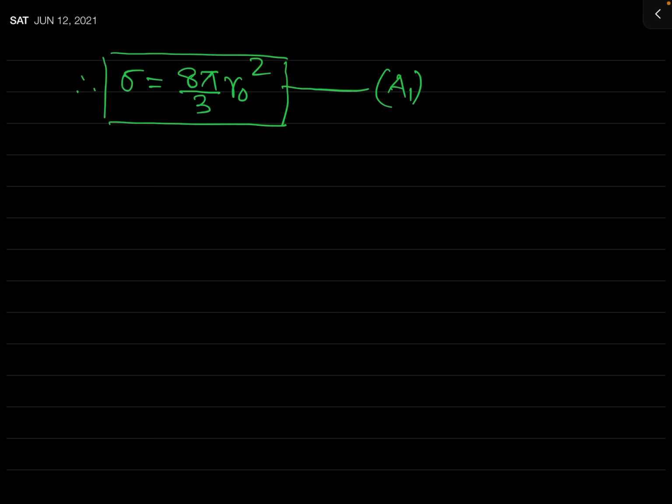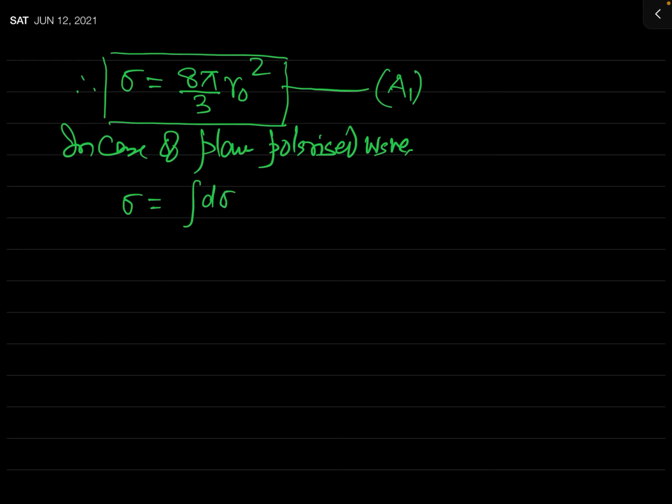But if we want to calculate the total scattering cross section in the case of a plane polarized wave, we will simply use the formula for the differential scattering cross section in that case. So in the case of a plane polarized wave, when we calculate this σ, what will it be? This will be the integral of dσ/dΩ dΩ.